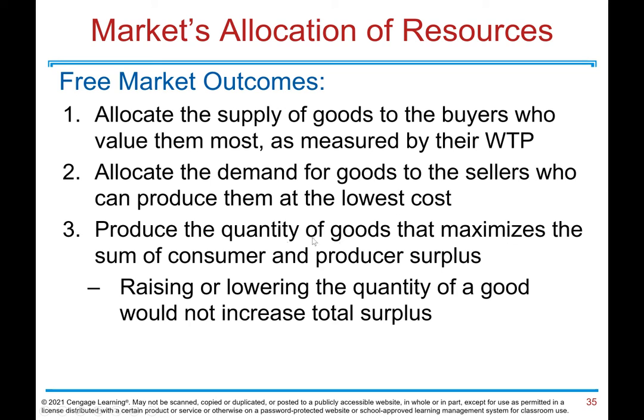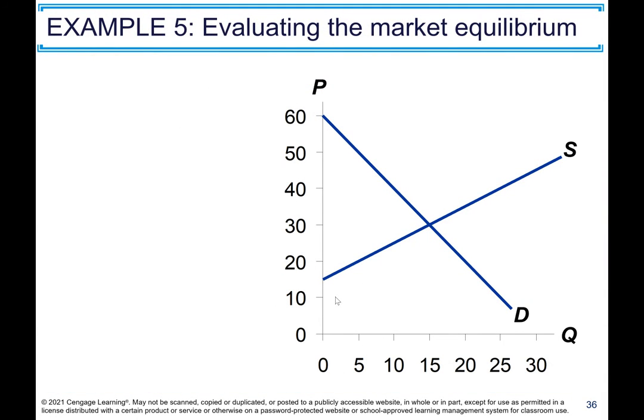Produce the quantity of goods that maximizes the sum of the consumer and producer surplus. Raising or lowering the quantity of goods would not increase total surplus. Evaluating the market equilibrium.